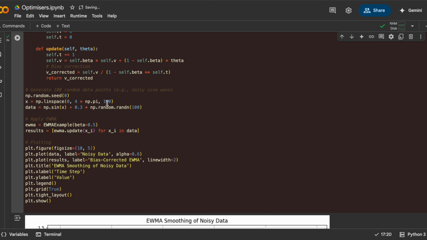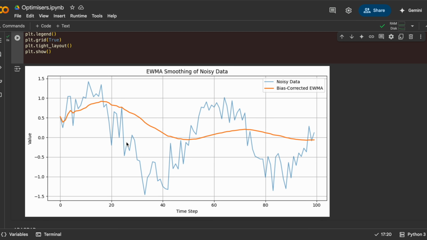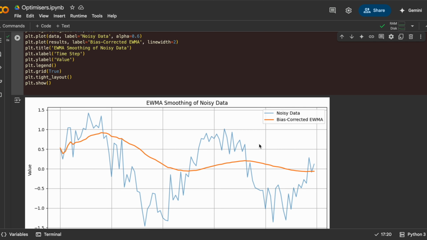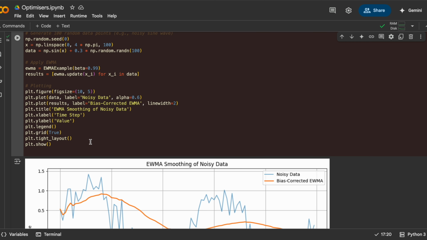If we get closer, like 0.99, you can see a smoother graph. Compared to a smoothing or decay factor of 0.9, 0.99 gives more smoothness because it is the approximate average of more data behind it.